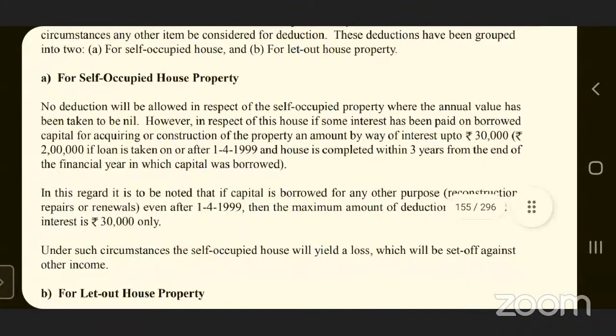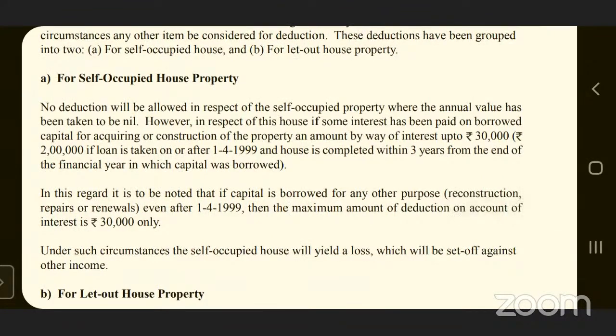But if some interest has been paid on borrowed capital in order to construct or acquire the house, interest up to 30,000 is allowed, if the loan is taken on or after 1st April 99, and the house must be completed within 3 years from the end of the financial year in which he borrowed the capital from the bank.